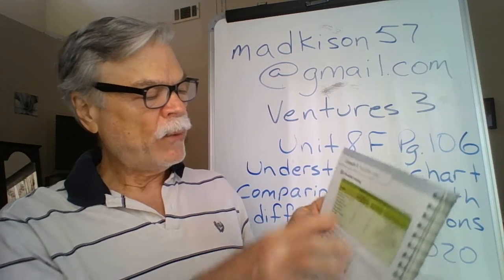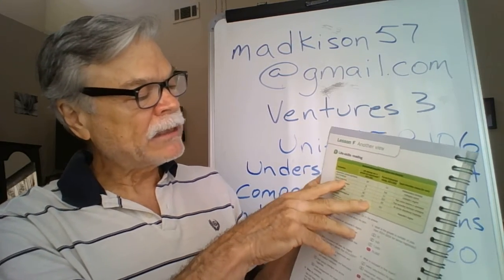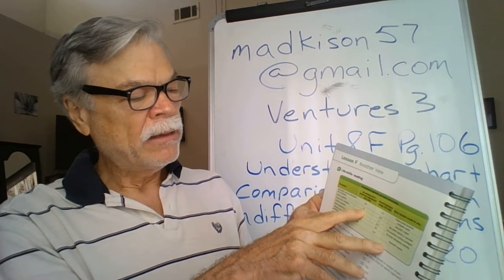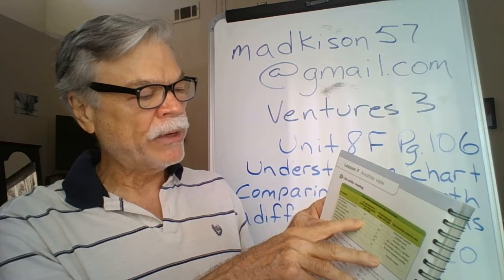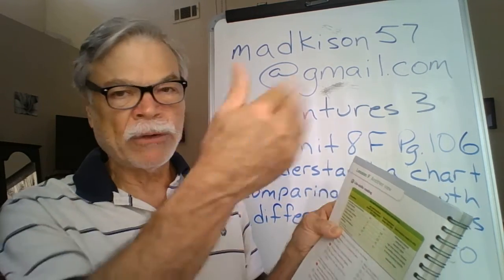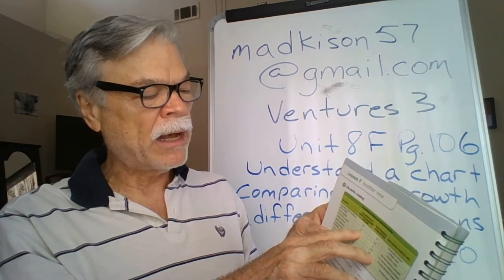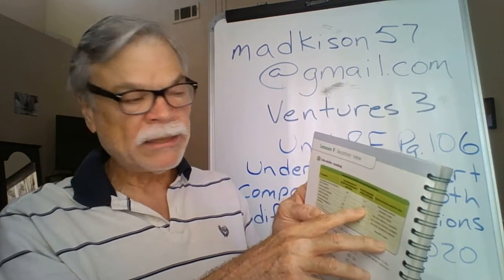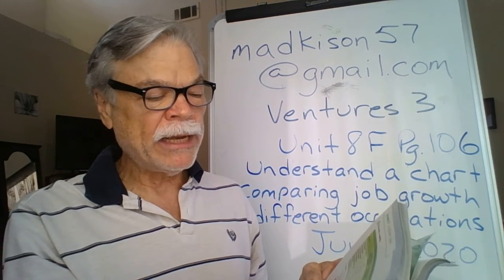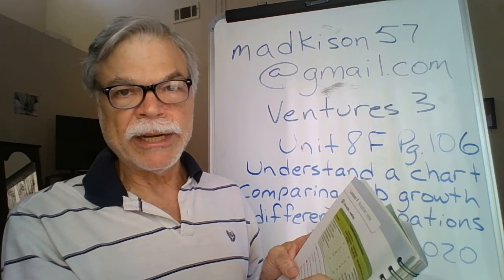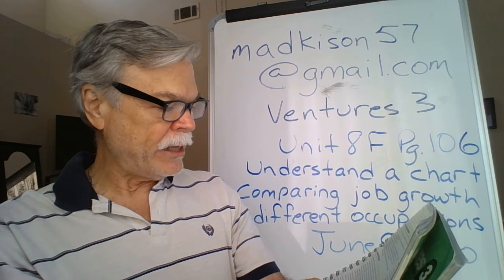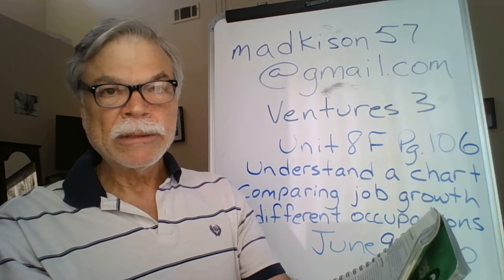Now, if we look at the next category, which is dental hygienists, you can see that there were 70,000 jobs created between 2014 and 2024. That's an increase of 70,000 jobs, and that's an 18.6% increase. And for the type of education needed, it says an associate's degree. Now, an associate's degree is a 2-year degree from a college.